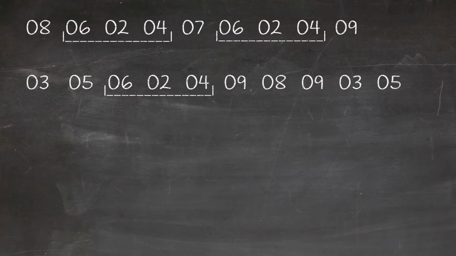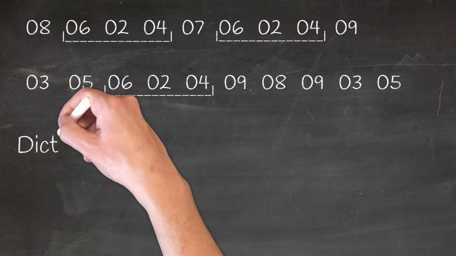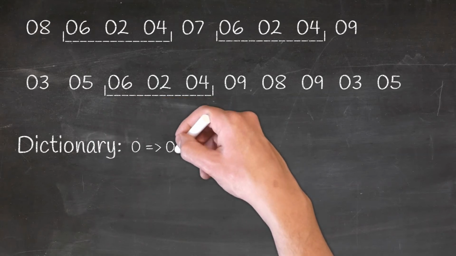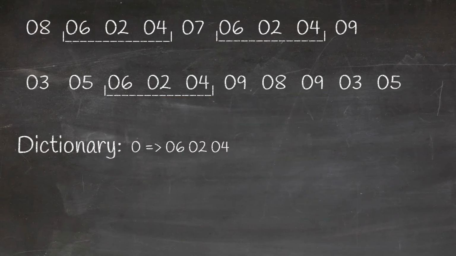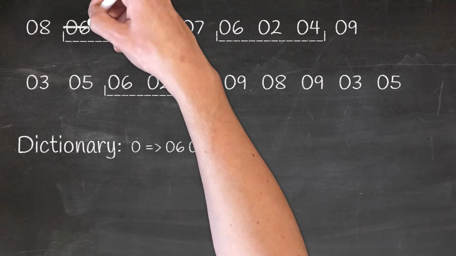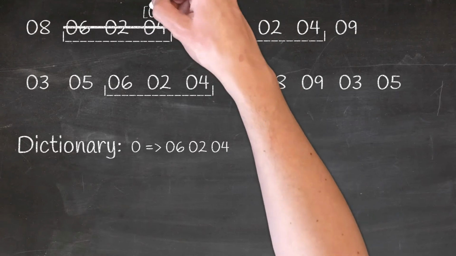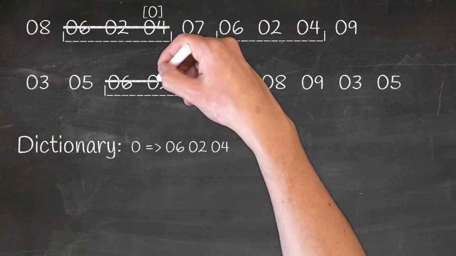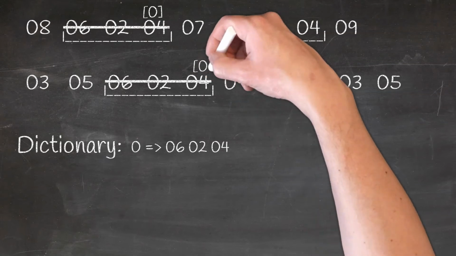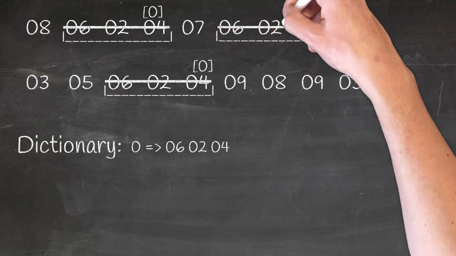Let's create a list of all the words that have been repeated, which we can call patterns. So here's a list of all the things that have been repeated. Under 0 we have got 6, 2, and 4. And we can substitute here, instead of 6, 2, 4 again and again, we can just refer to item number 0 in the list.